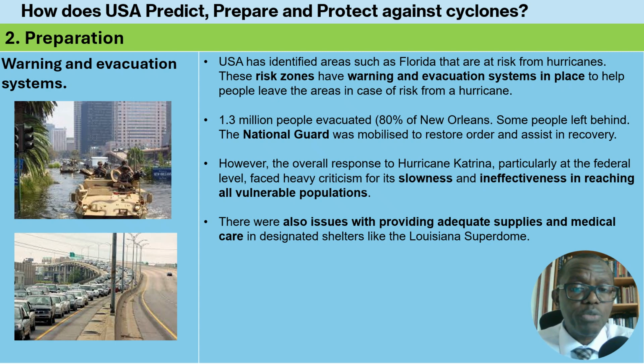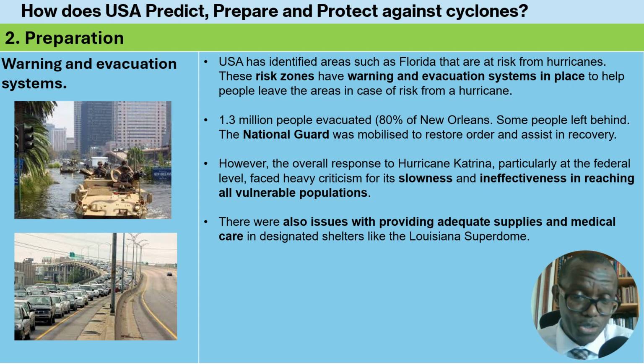However, the overall response to Katrina, particularly at the federal level, faced heavy criticism for its slowness and ineffectiveness in reaching all vulnerable populations. Okay, so at the federal level here is referring to the national level, in the context of the USA. The government as a whole was slow in responding, and that is a criticism that could be given here.